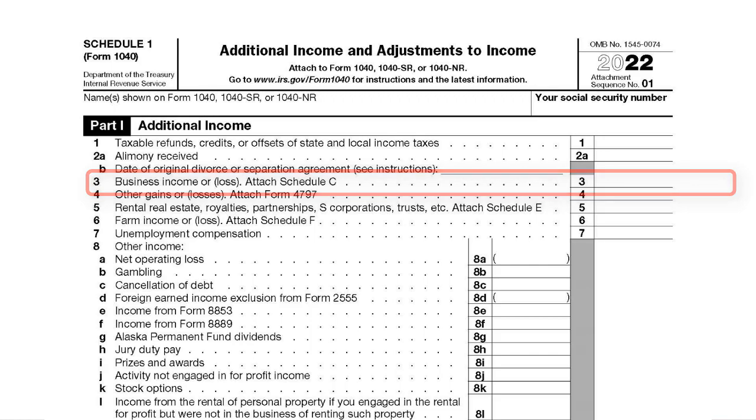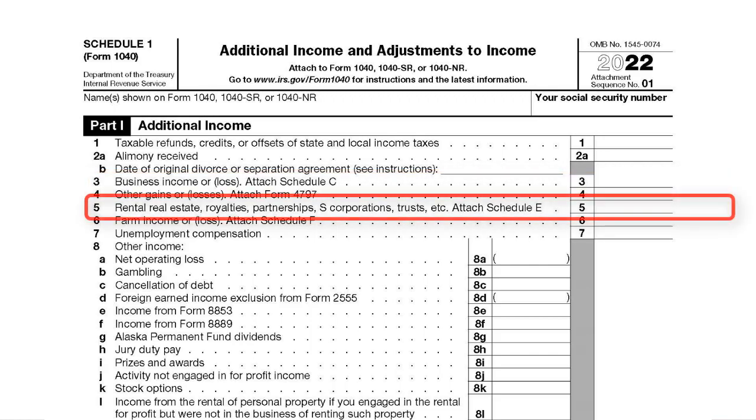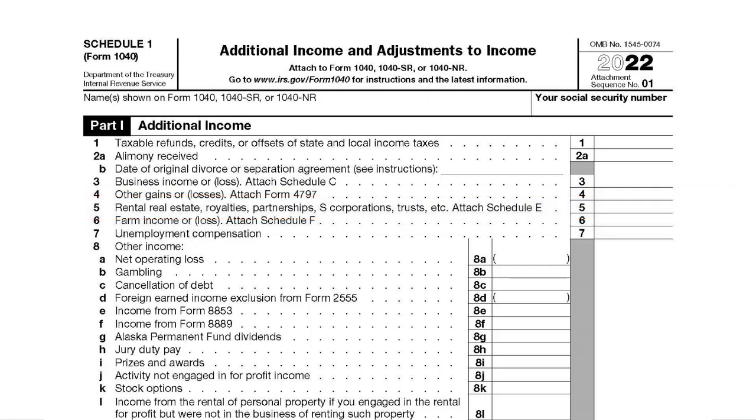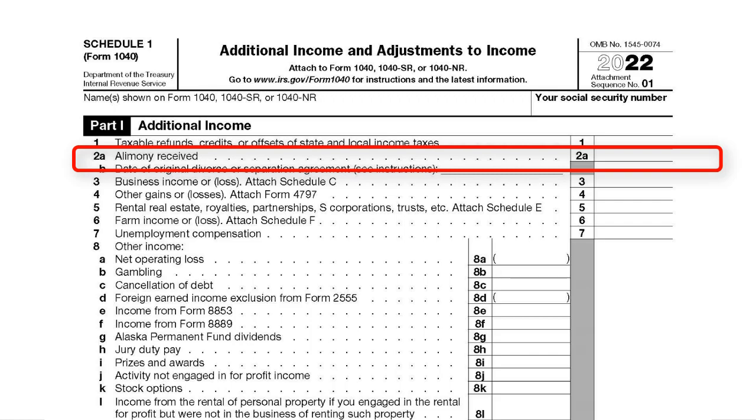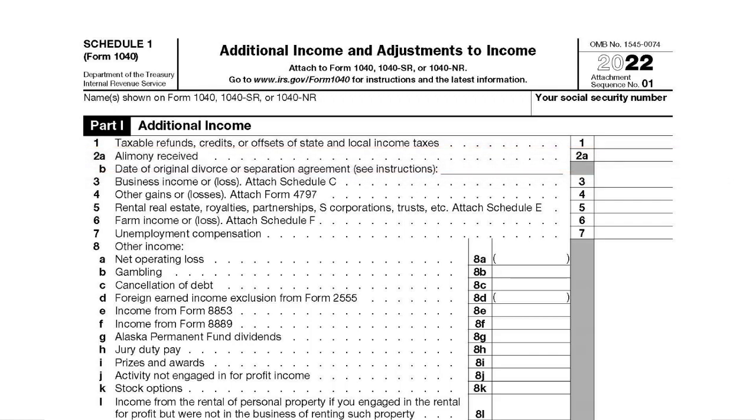If you have profit from a business, if you have rental income from an investment property, if you receive a K-1, if you receive alimony, if you were divorced before, I want to say 2018. Somewhere around there, I'd have to look it up. Yeah, the laws change there. But that's where everything is compiled on Schedule 1.